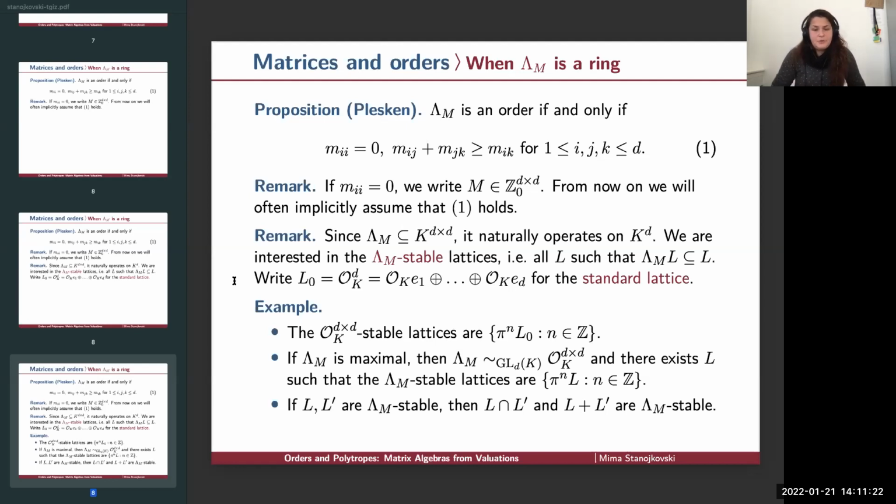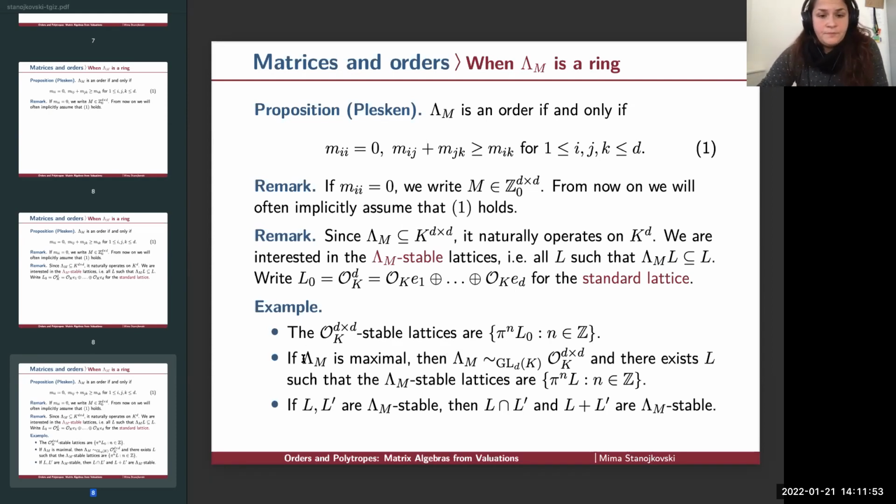So here are some examples. If I take the matrix with all zeros, then I get O_K^(d×d). And if I compute what the stable lattices are, well, I just get the standard lattice and all multiples of it. You can write it either as powers of the uniformizer, or you can substitute these by just elements in the field that are not zero. So either they preserve or they go up and down.